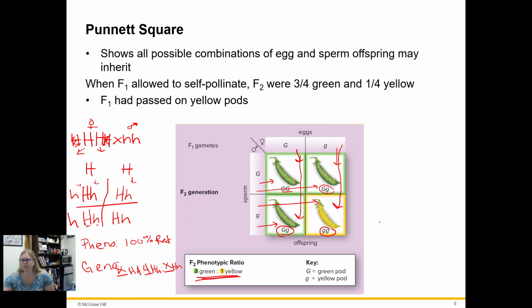Physically see it. But remember, the phenotype doesn't always match the genotype if we are talking about if they have a dominant allele. My genotypic ratio for my green and yellow cross here would be 1 individual who's homozygous dominant, 2 individuals who are heterozygous, and 1 individual who's homozygous recessive.